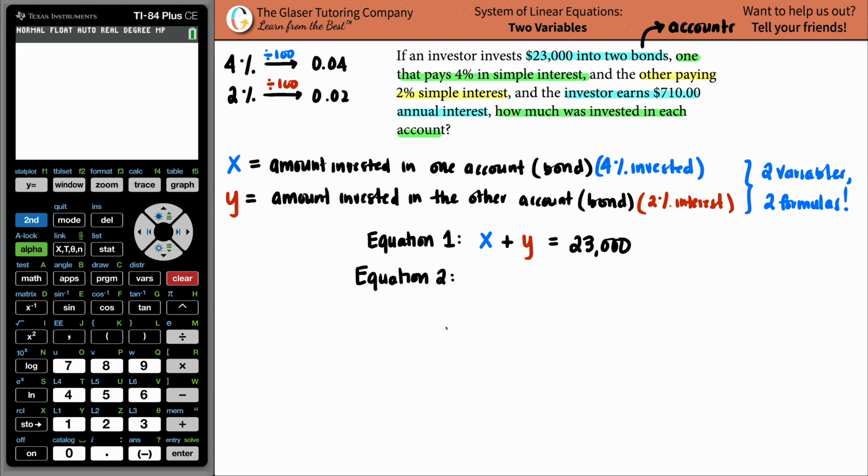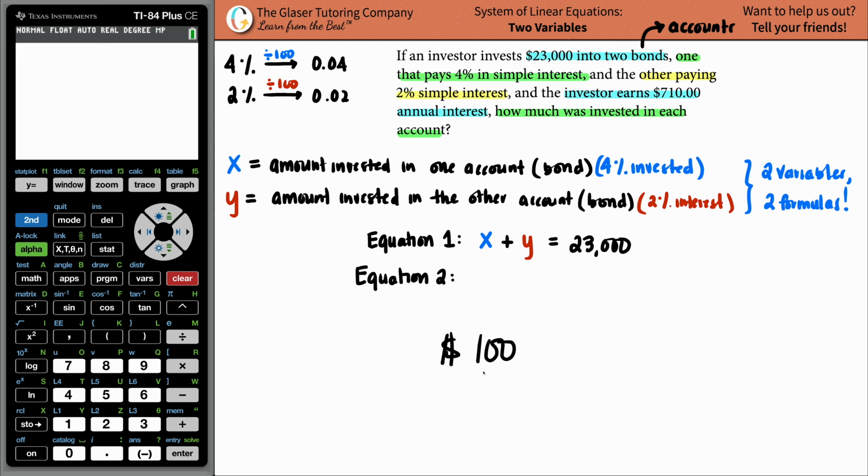Now, just to put things into perspective, let's say that you invested $100 into an account, into a bond, and it's paying 4% interest. That means that you're going to get a 4% return on your money.